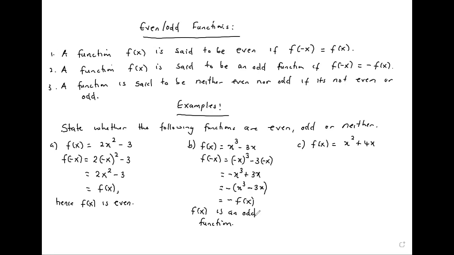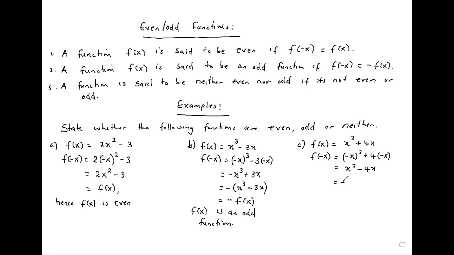C, you get f of negative x is equal to negative x squared plus 4 times negative x. This is the same as x squared minus 4x. If you look at this function, clearly it's not an even function because what we have now is different from our f of x.